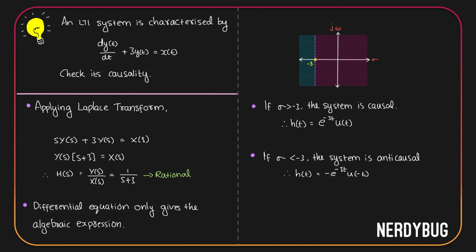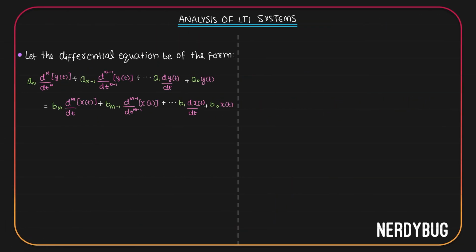Now, in this example, we took an LTI system that is characterized by a first order differential equation. Let us generalize this. Assume that on the left hand side of the equation, we have up to nth derivative of y of t, and on the right hand side of the equation, we have up to mth derivative of x of t.